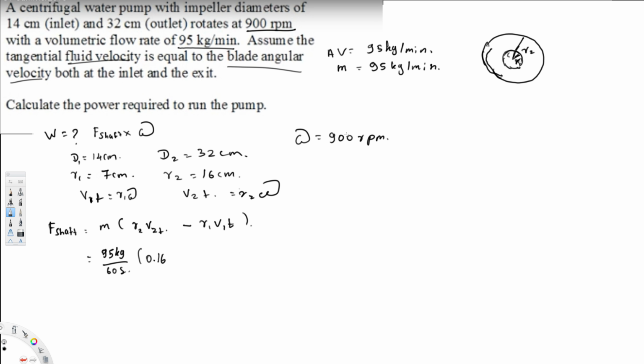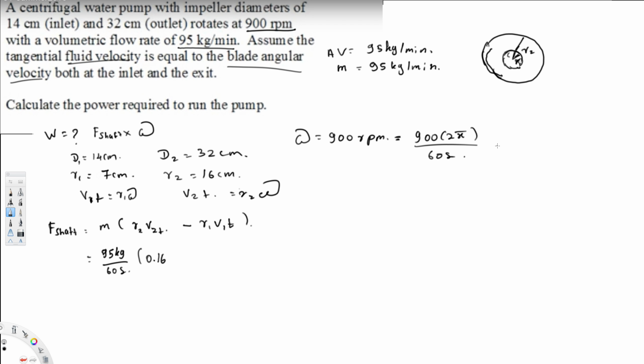This is revolutions per minute. Let's convert into radians per second because that's the SI unit, so we have to make this in seconds. So this is going to be 900 times 2π radians divided by 60 seconds.